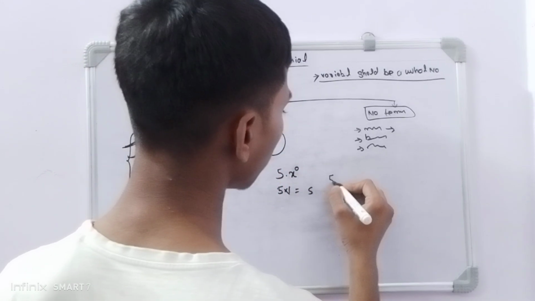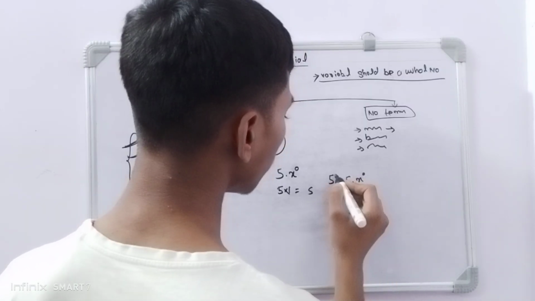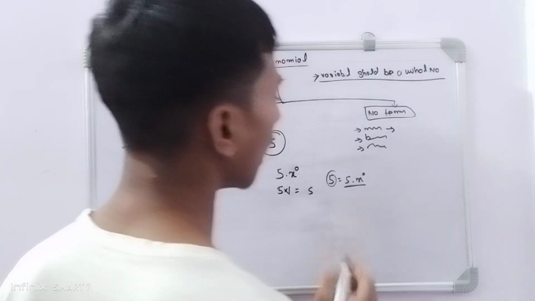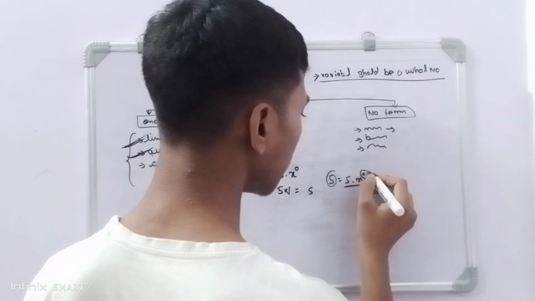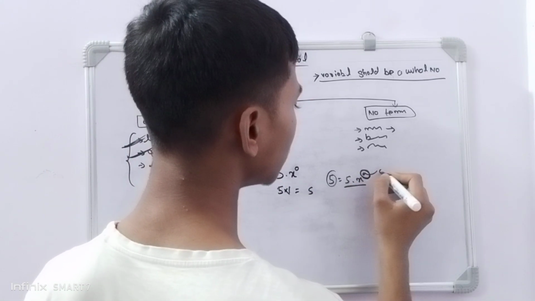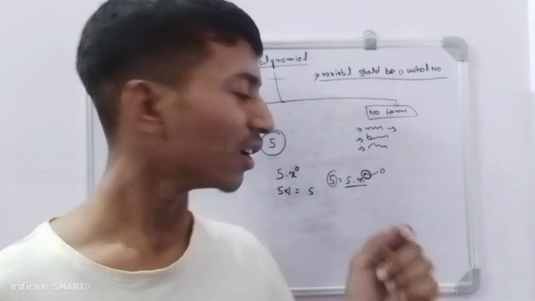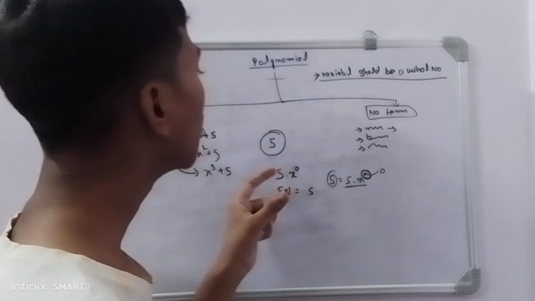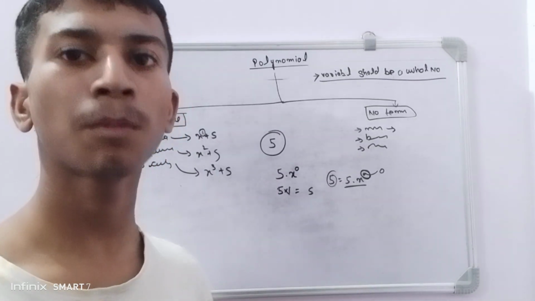So we could say that 5 is equal to 5 into x power 0. So 5 can be written in this form, and here you get a variable x. What is the power of this variable? The power is 0, and 0 is a whole number. Yes, 0 is a whole number. So it is also a polynomial, but it is a special type of polynomial which is called a constant polynomial.